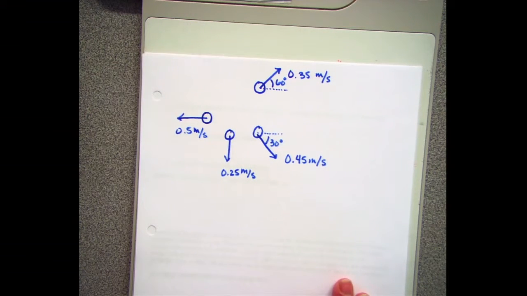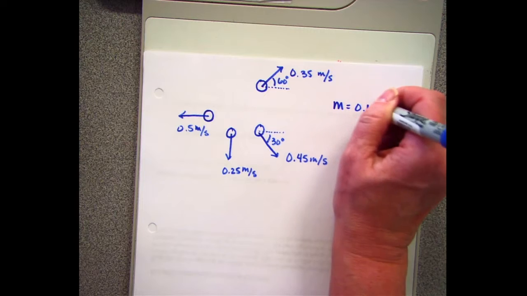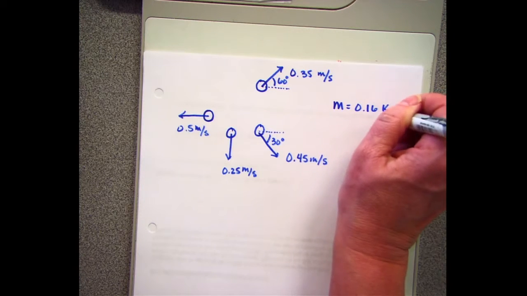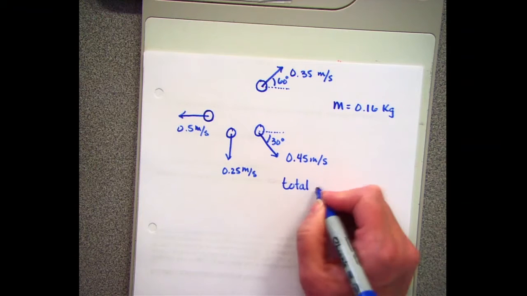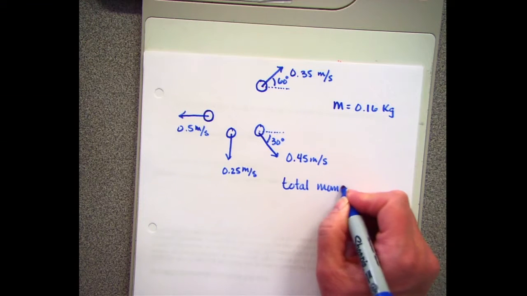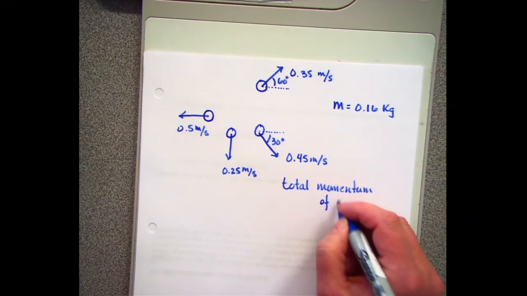So this is essentially after the cue ball breaks. All right, we've broken the initial shot. Each mass is going to equal 1.61 kilograms. We want to know the total momentum of the system.